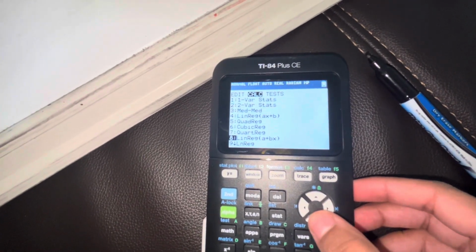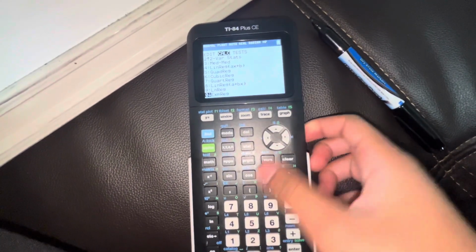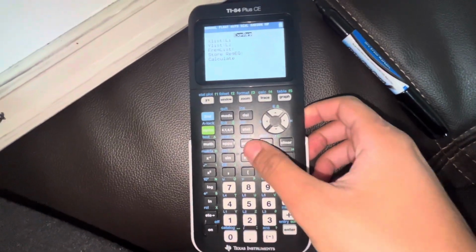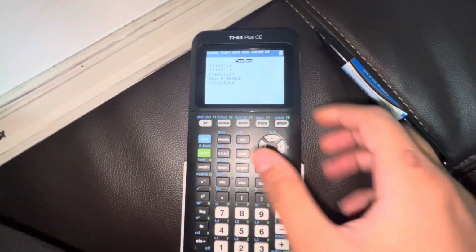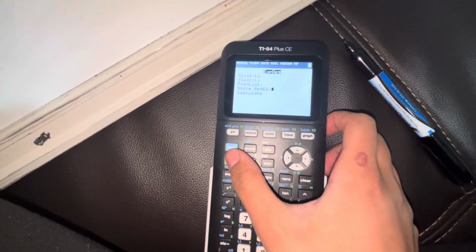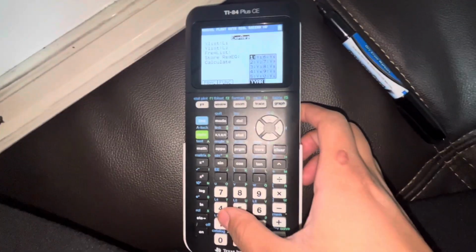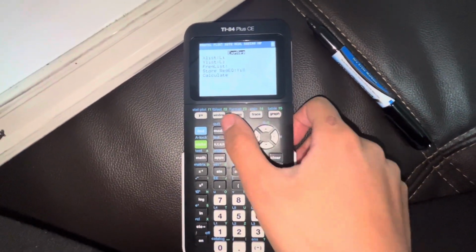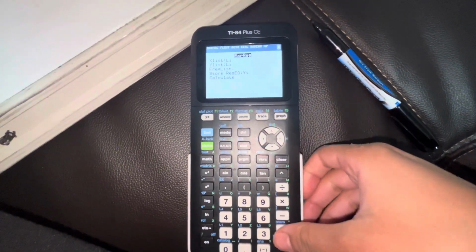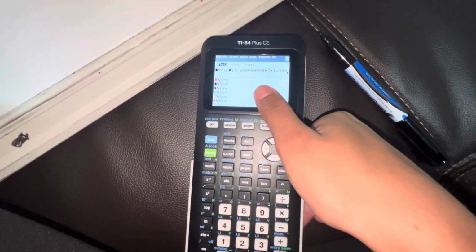We're going to go down until we see exponential regression, and press enter. This is going to create an equation for these inputs and outputs. We're going to press alpha trace, and then press Y1, that way it can be shown on the graph. We're going to press calculate, and there you have it. So there you have your equation.